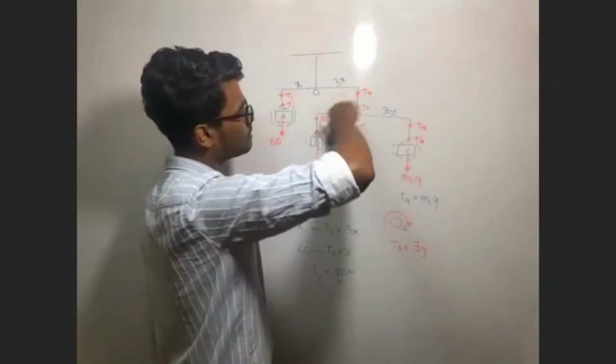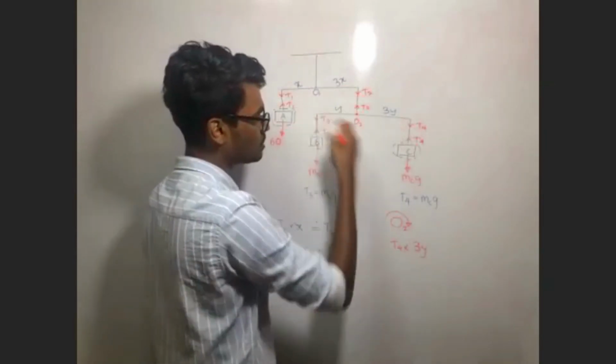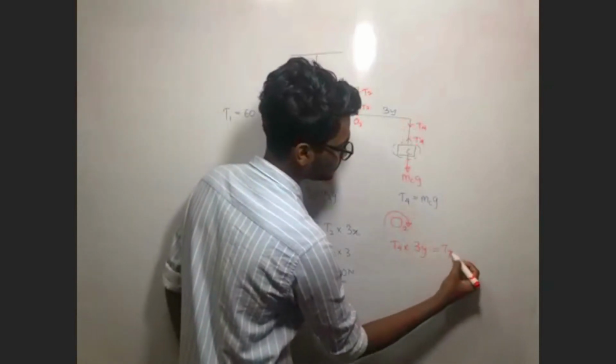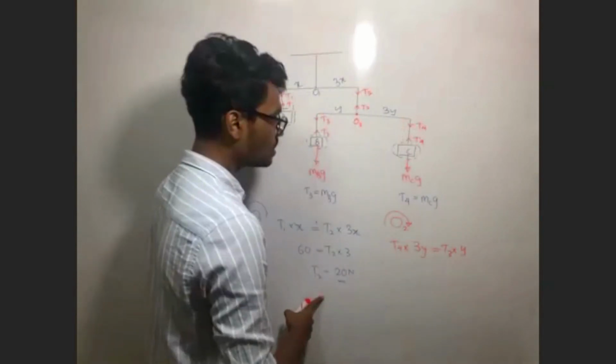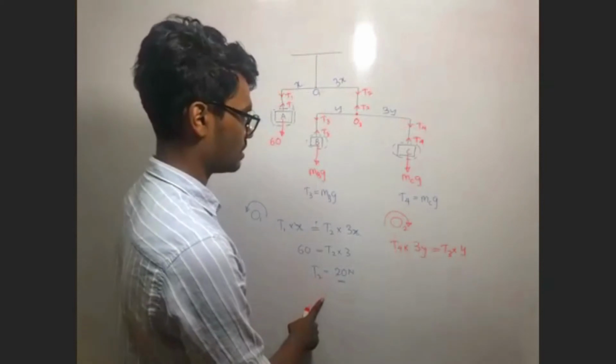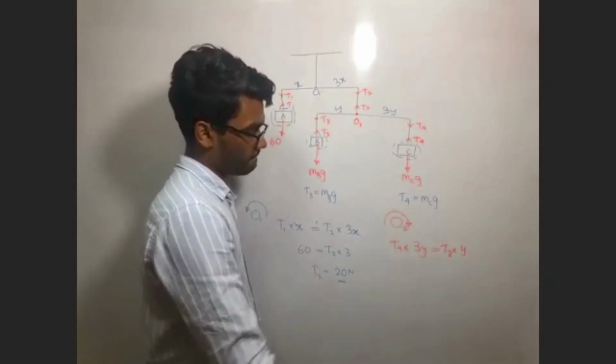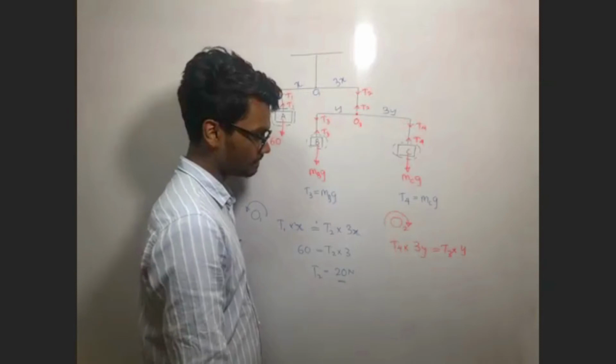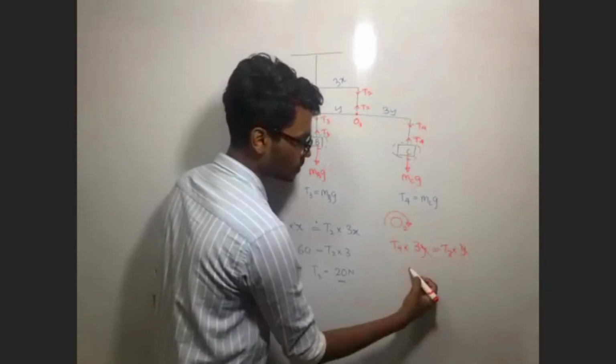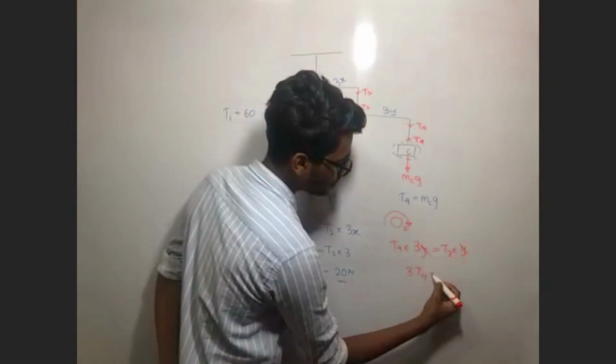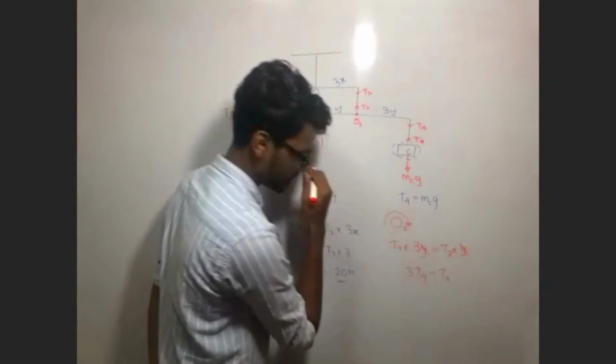And the anti-clockwise moment is T3 into y. There's no T2. So 3T4 is equal to T3.